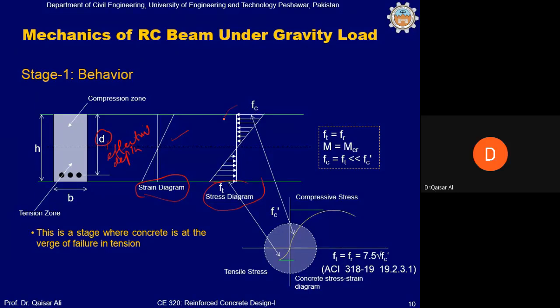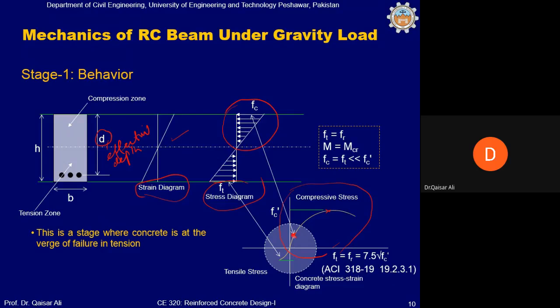Okay, and then we can also correlate this stress part, the compressive stress part, with the concrete compressive stress-strain diagram. This is the compressive stress-strain diagram of concrete. So f_c in the beginning of the test, at a very low load compared to the ultimate load of the beam, the stress in concrete on the compression side is here, and this value is very small compared to the compressive strength.